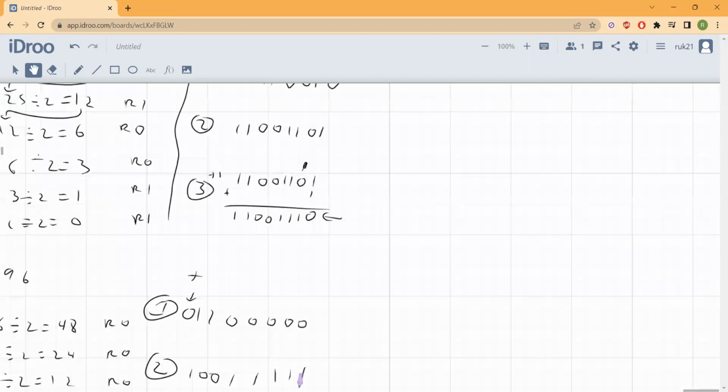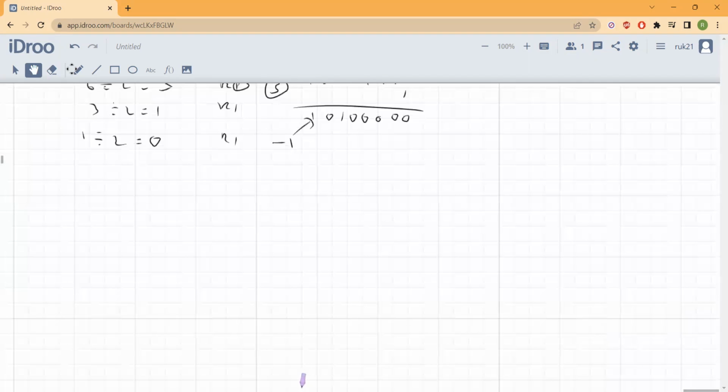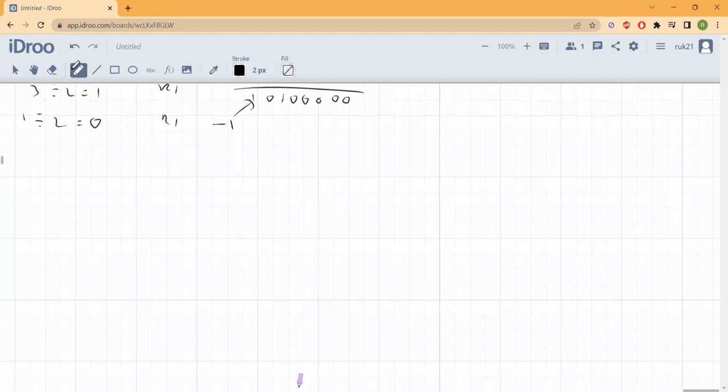Now what we're going to do is represent 10 as a 2's complement. And what you're going to see is it's actually going to be very simple because it is a positive number. So 10, again, first step is just finding what this is. 10 divided by 2 is equal to 5, remainder 0. 5 divided by 2 is equal to 2, remainder 1. 2 divided by 2 is equal to 1, remainder 0. 1 divided by 2 is equal to 0, remainder 1.